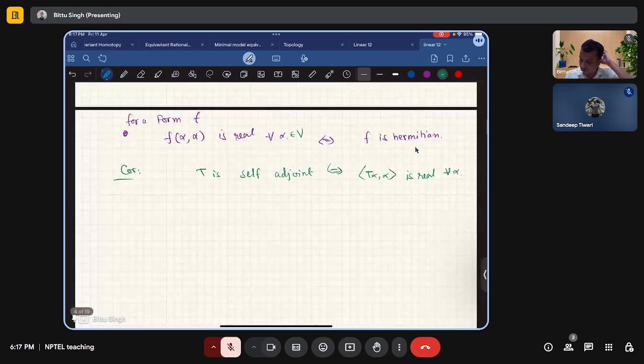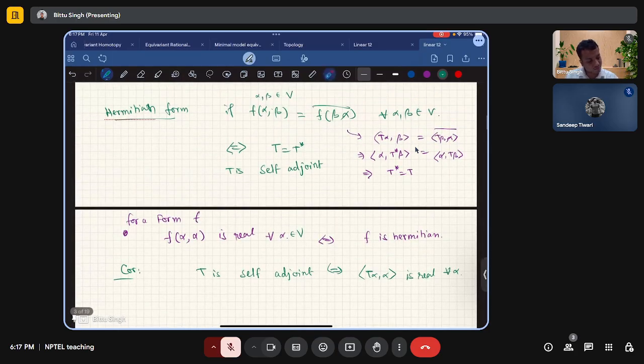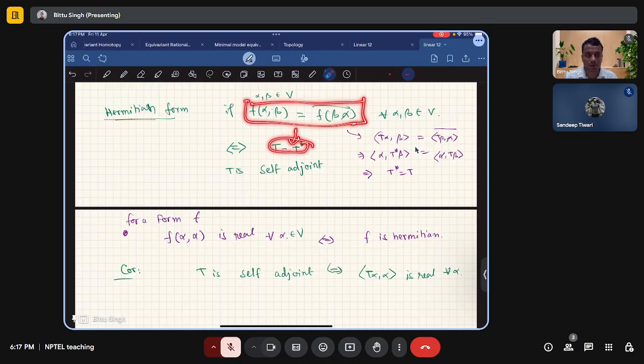Another thing I should mention: for every Hermitian form we get a self-adjoint operator, and conversely for a self-adjoint operator, T alpha comma beta is also a Hermitian form. There is a one-to-one correspondence.